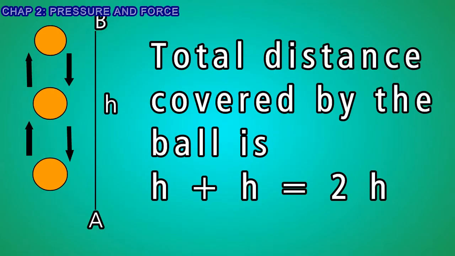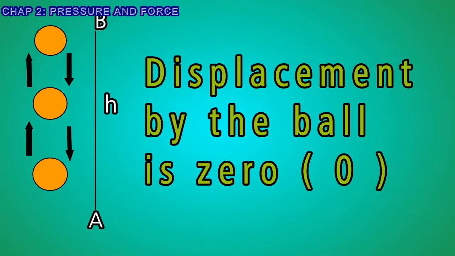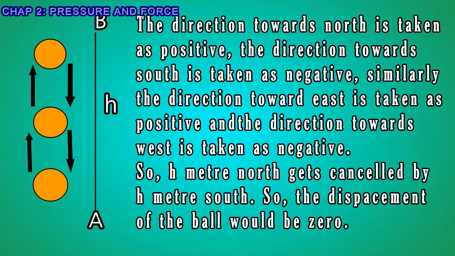Now look at the picture of a ball thrown vertically upwards from point A to height h. The total distance covered by the ball when it reaches the ground will be equal to h plus h equals 2h. In this case, displacement will be 0 since the ball comes back to its initial position, that is A to B, back again from B to A. The direction toward north is taken as positive, the direction towards south is taken as negative.